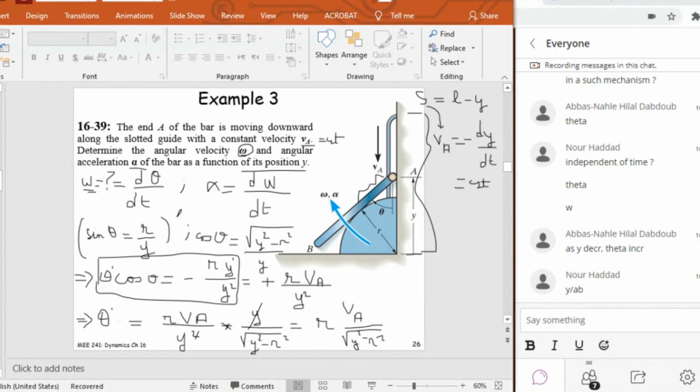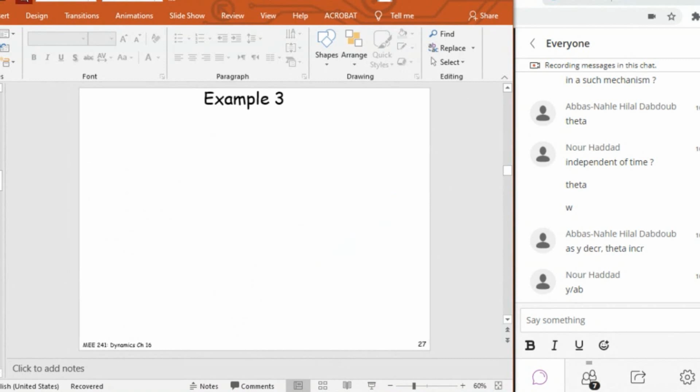So let's take this one and do the derivative. So theta dot cosine theta is equal to r VA over y squared. You can, of course, start from omega, it's the same. And don't forget that r VA is constant.